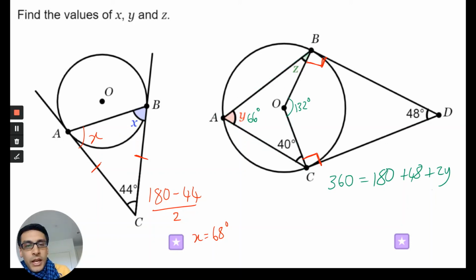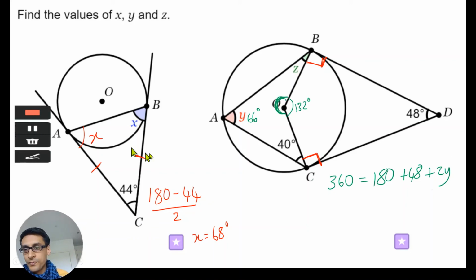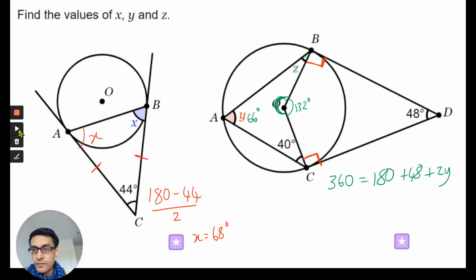So I can work out this angle by doing 360 take away 132. So this is going to be 228. And then the last bit, looking at that quadrilateral, is going to be 360, because the angles inside add up to 360, because it's just two triangles, really.